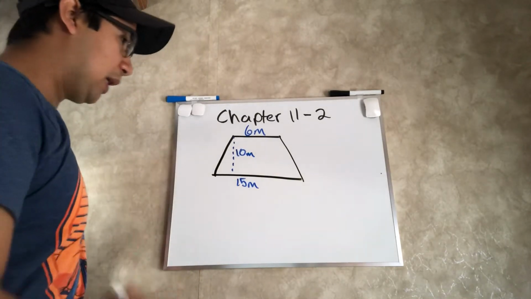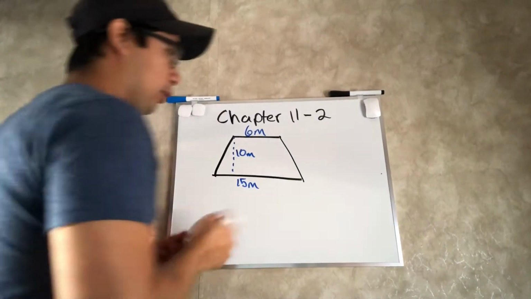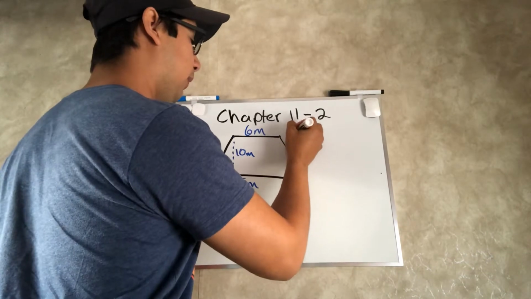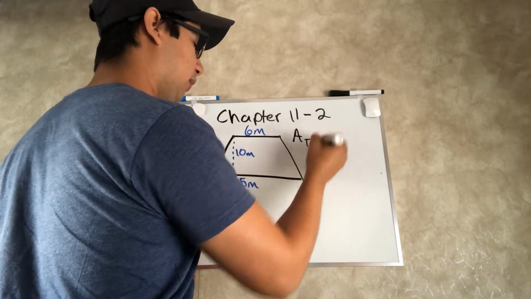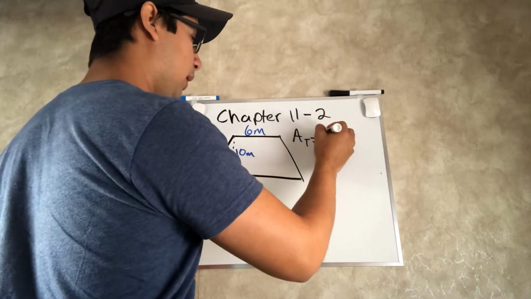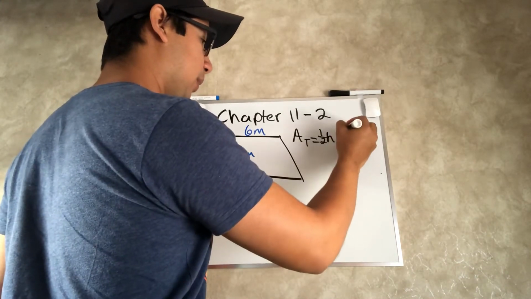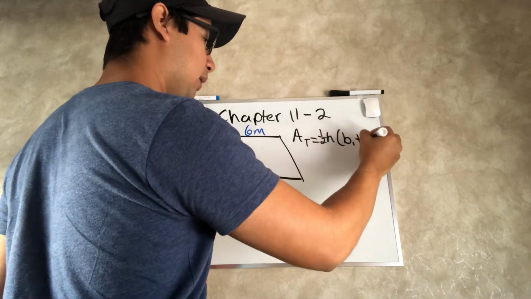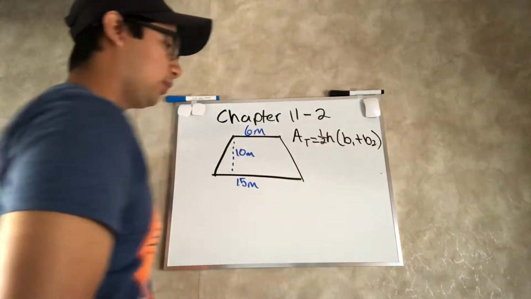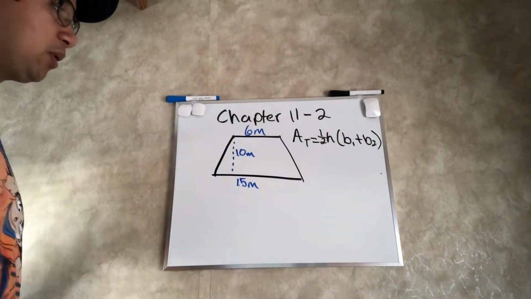Okay. Now remember, the area of a trapezoid is going to be 1/2 times your height times your base 1 plus your base 2. Okay, so let's go ahead and substitute all those values.